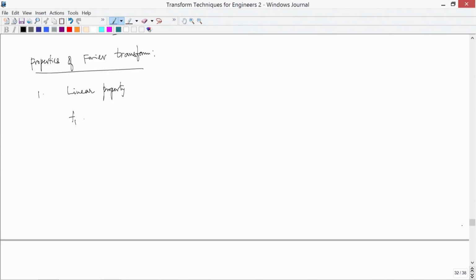If you take f1 plus constant times f2, if this is your function f, Fourier transform of this function, that becomes a function of the xi variable, which is equal to 1 by root 2 pi by definition integral from minus infinity to infinity of f1(x) plus c f2(x), this whole function, into e power minus i xi x dx. This is the definition of this transform.